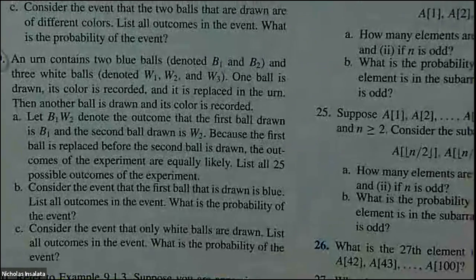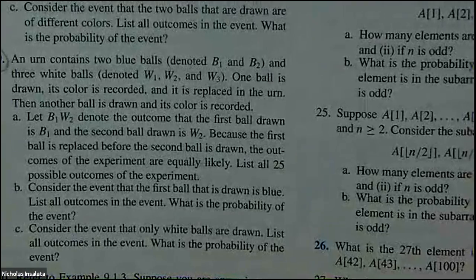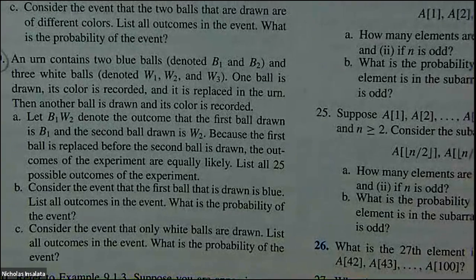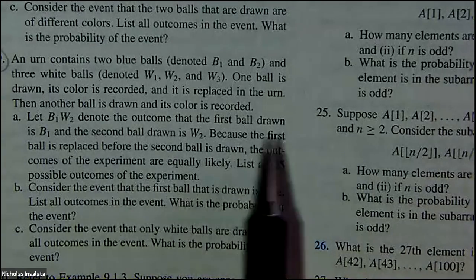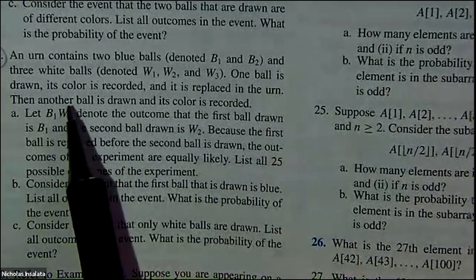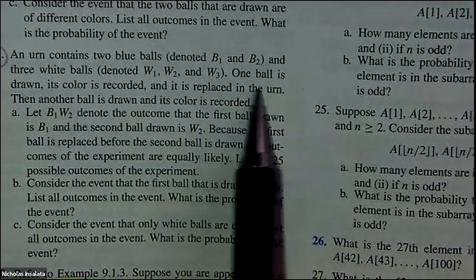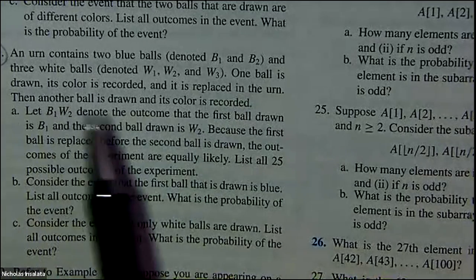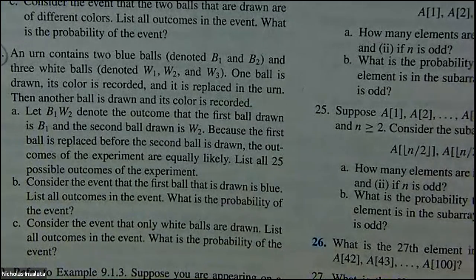All right. So you have an urn, which is just a bowl, right? It's just a container, okay? It has 2 blue balls and 3 white balls. 1 ball is drawn, its color recorded, and is replaced in the urn. And then another ball is drawn and its color recorded, okay?